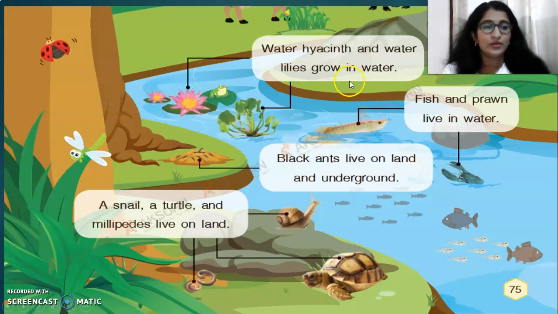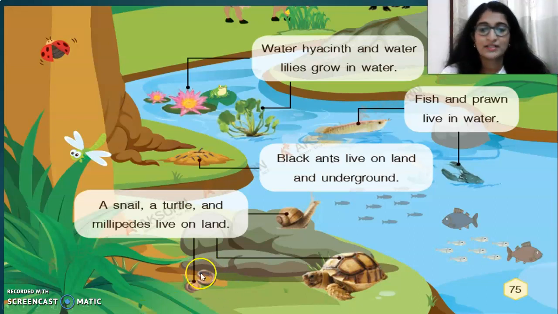You can also see some fishes and prawns living in the water, and some black ants living underground. So different animals and different plants live in different areas, right?